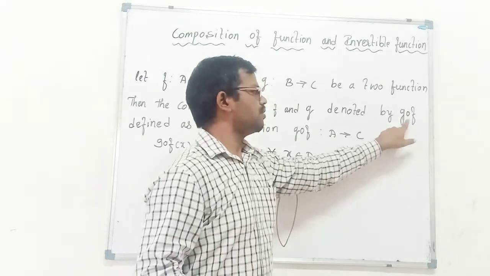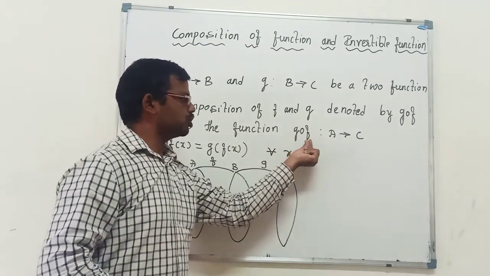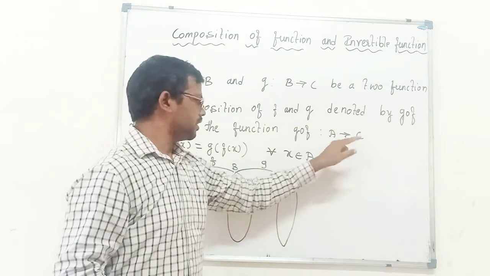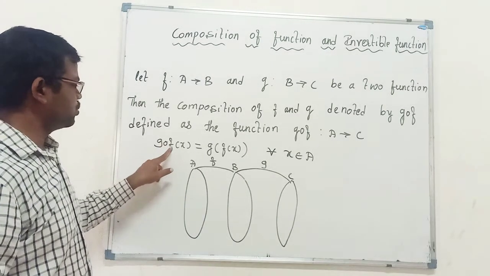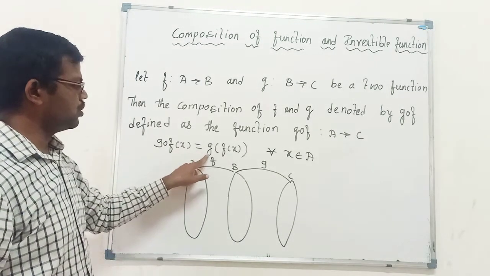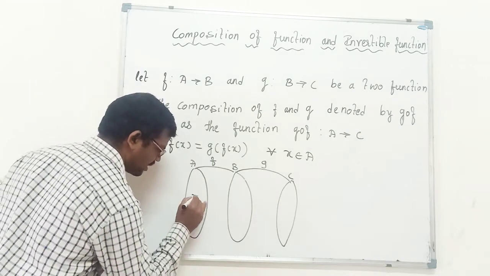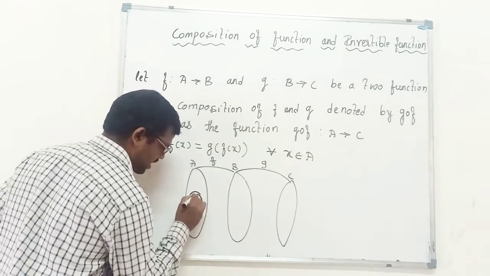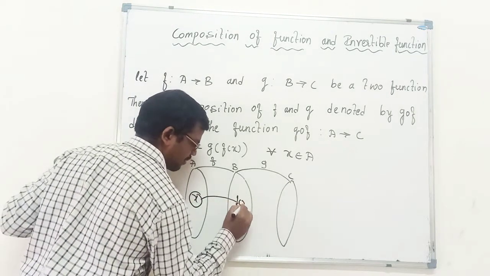That means g is composed with f and is defined as a function g composition f from where to where? A to C. And it is defined as g composition f of x is equal to g of f of x. So how it goes means, if we have an x here, for this x we have an image in the codomain, that is f of x.